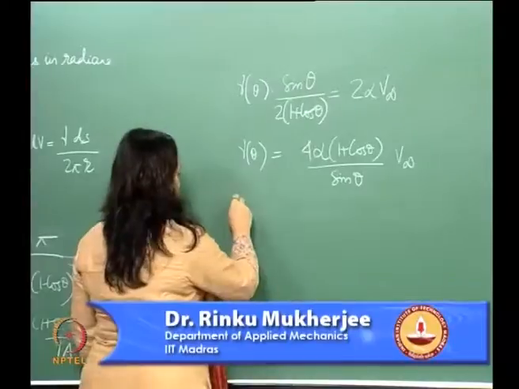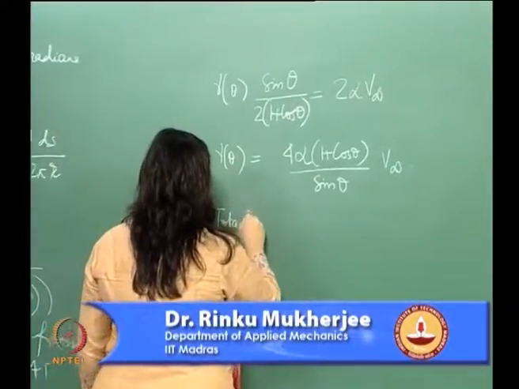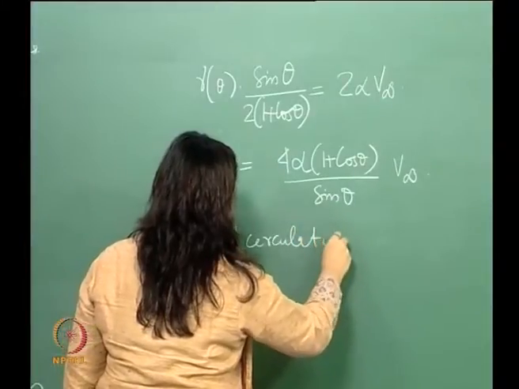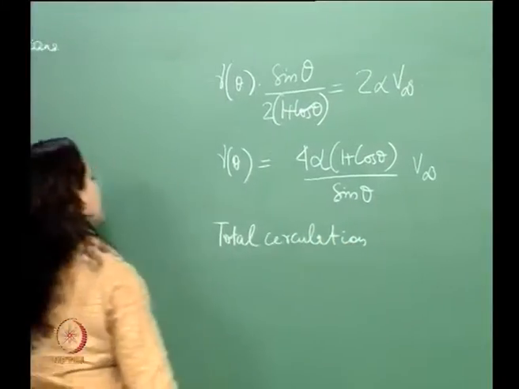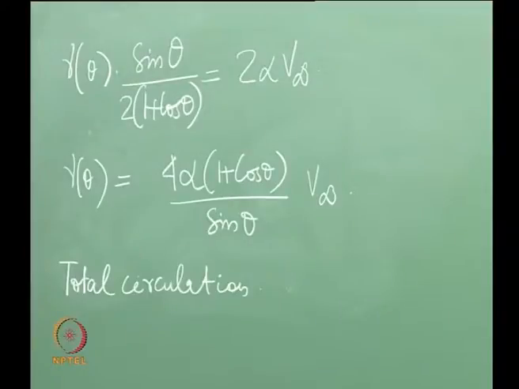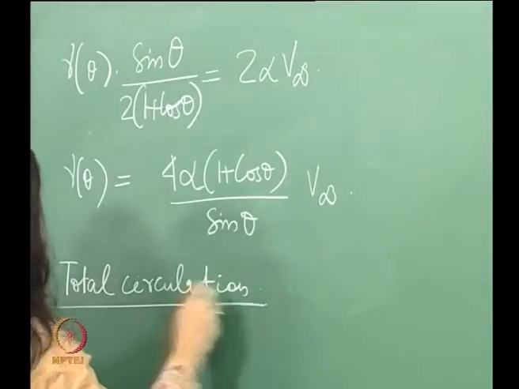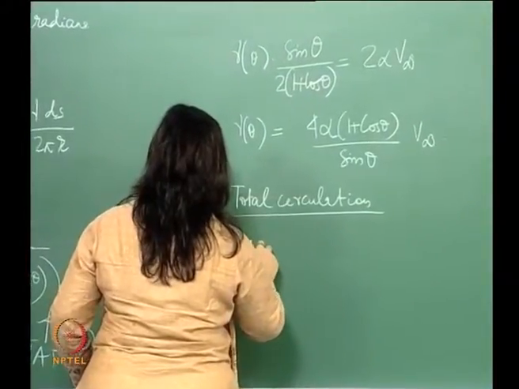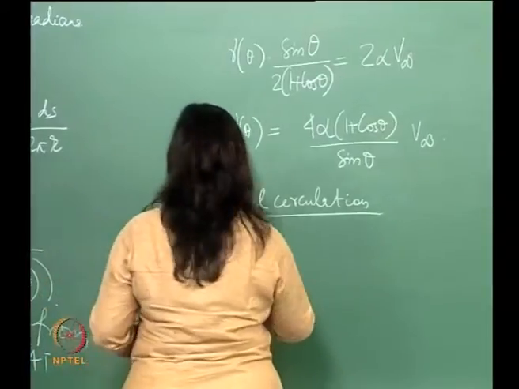So, when we calculate the total circulation, then we will be able to calculate the total lift and total drag. So total circulation is essentially gamma.